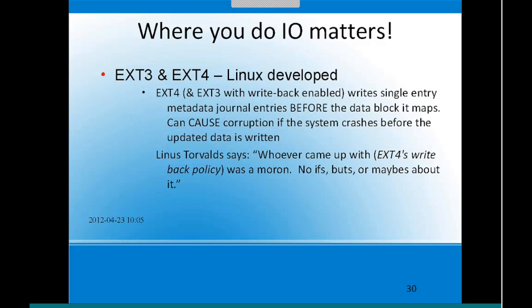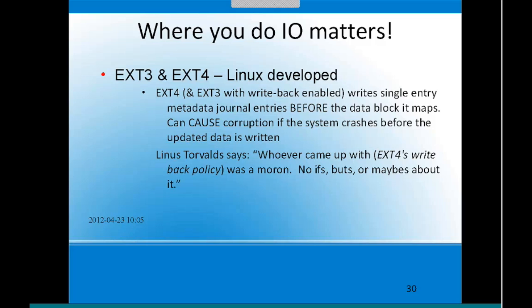Ext4, by the way, has write-back enabled, and as far as I know, there's no way to disable it. Ext3 write-back is optional. If you turn on write-back or use Ext4, Ext4 writes the metadata entry for a moved page before it writes the data block.